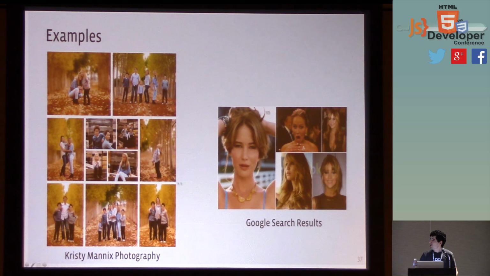So for example, in this one from Google search results, there is a portrait and 2 rows of images. And in this one from a photographer, so this hasn't been done by an algorithm but by a real person, you have a row here, you have a column, another column, a row, and then inside you have some other rows here.